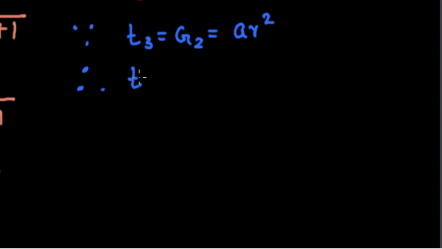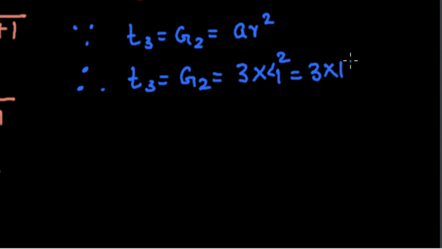Therefore, G2 is 3 into 4 square, which is 3 into 16, equal to 48.